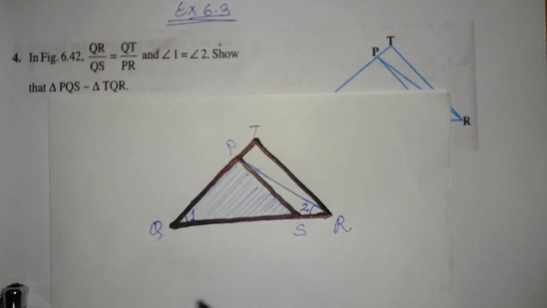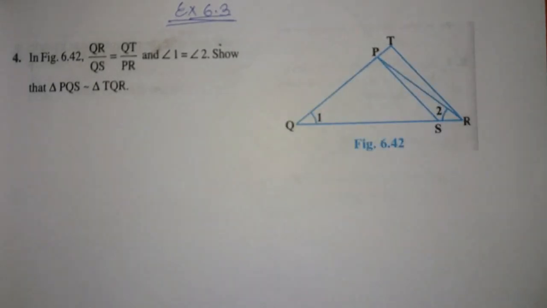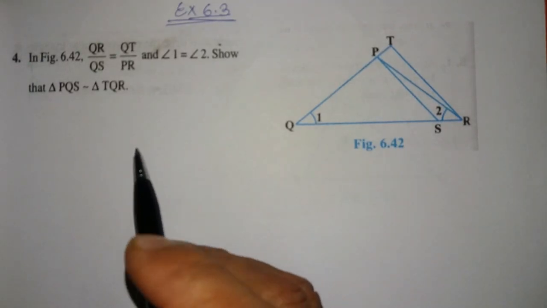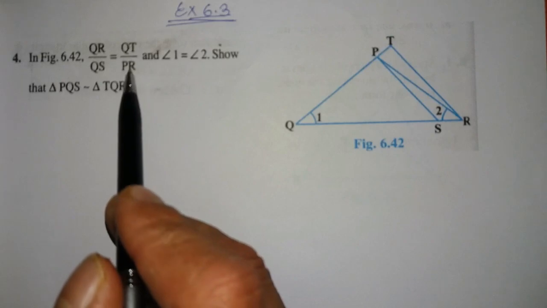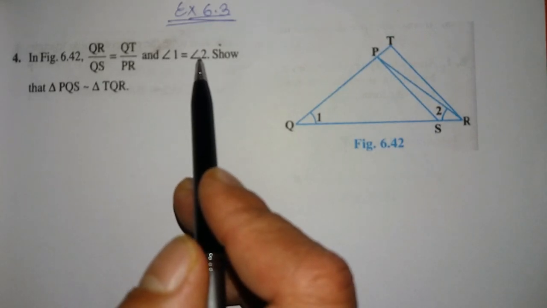These two triangles. Now here it is given that QR by QS is equal to QT by PR, and angle 1 is equal to angle 2.